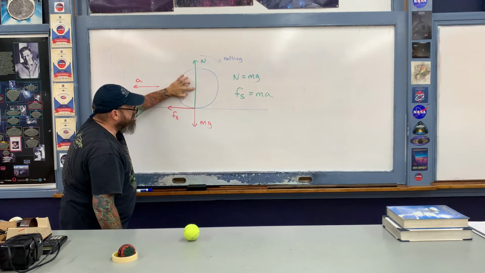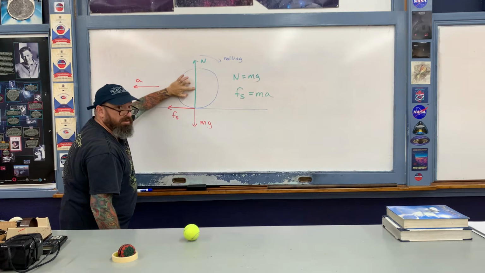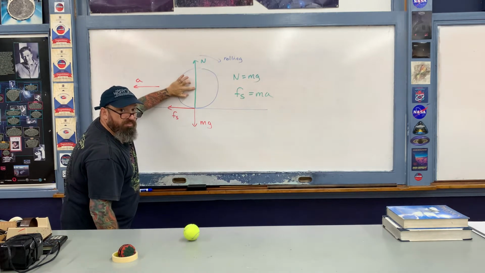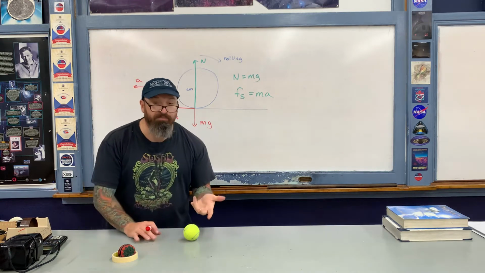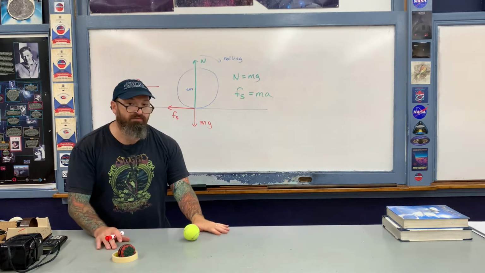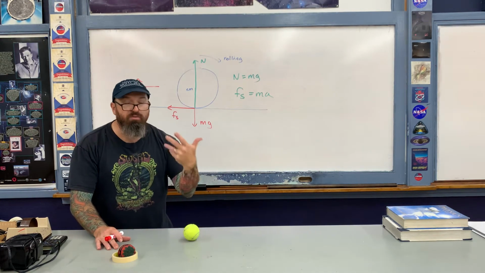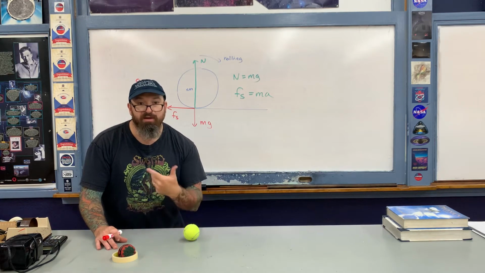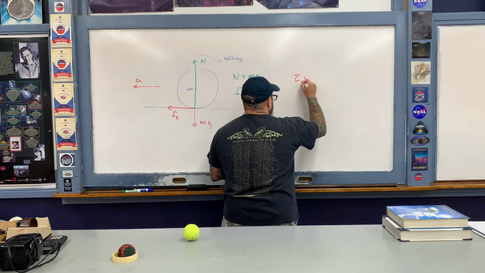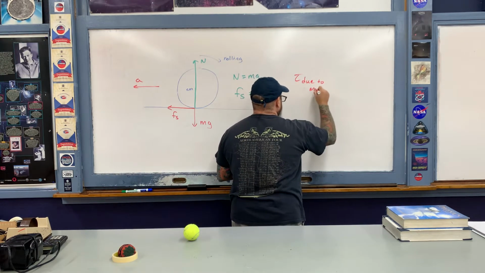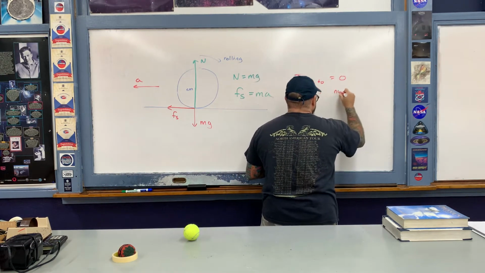Recall that the moment arm goes from the axis of rotation, that's the center of mass, to the point where the force is applied, while the force of gravity mathematically behaves as if it's applied at the center of mass. So there is no moment arm in r cross F, therefore the torque due to gravity is equal to 0. So torque due to mg equals 0, no moment arm.